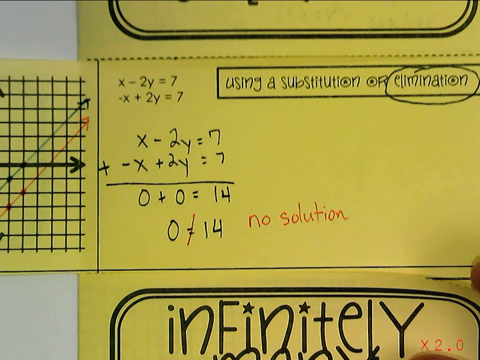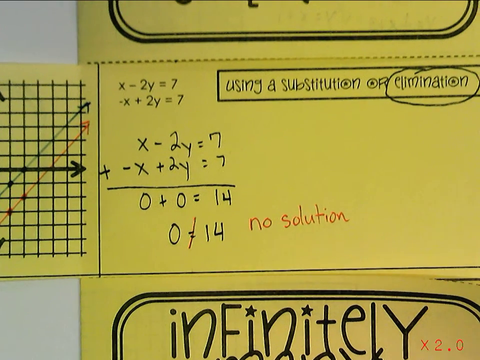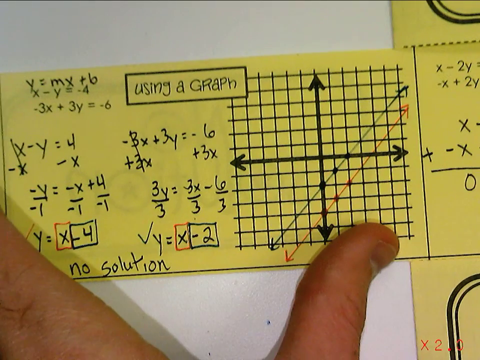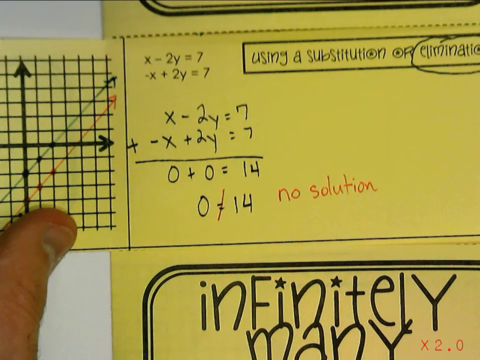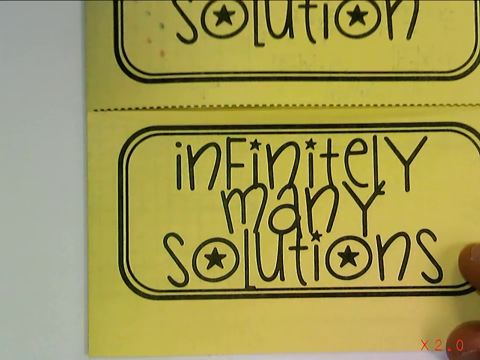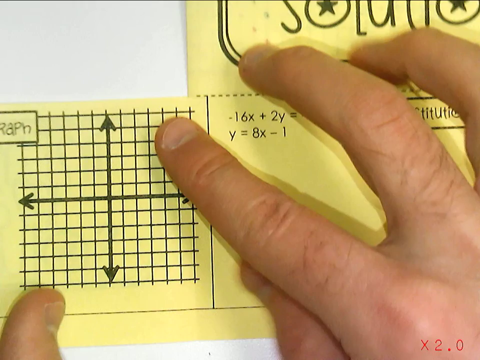I should say two lines, same slope, two different y-intercepts. So that one has no solution in this case. So those are a couple examples with no solution, both graphically and algebraically. So let's move on to our last type of problem then, which is infinitely many solutions.